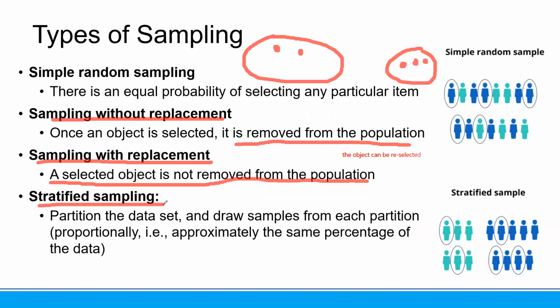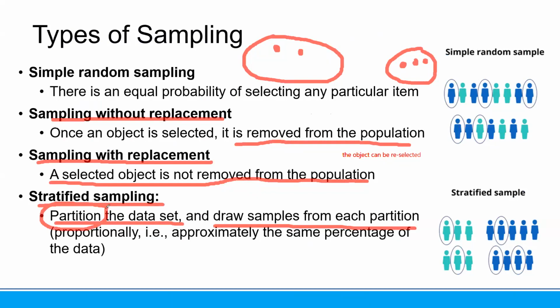Stratified sampling. Stratified sampling means we want to partition the data and draw samples from each partition. Partition means we want to make groups, we want to make clusters, and we will draw samples from each partition. Let's say I make this partition, and this partition, and this partition.